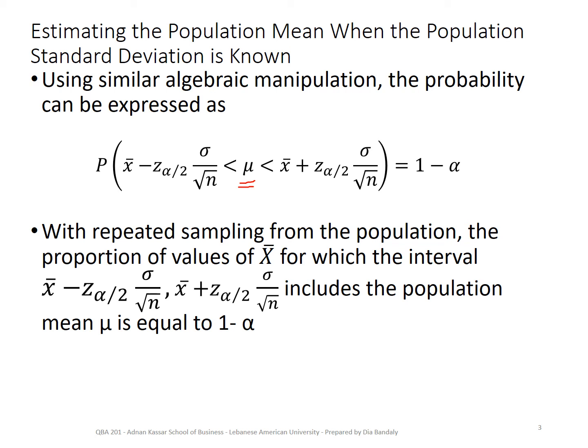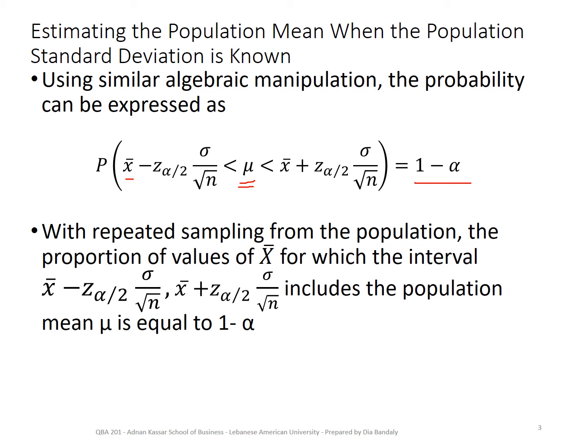Okay, so look at this. Here we are saying that the probability that x bar minus a certain value is less than mu, less than x bar plus a certain value, is 1 minus alpha. So what are we saying is this? X bar, you know that we get it by selecting a sample from the population. And when we talk about probability, we always infer a long-term or a very large number of selections and trials.